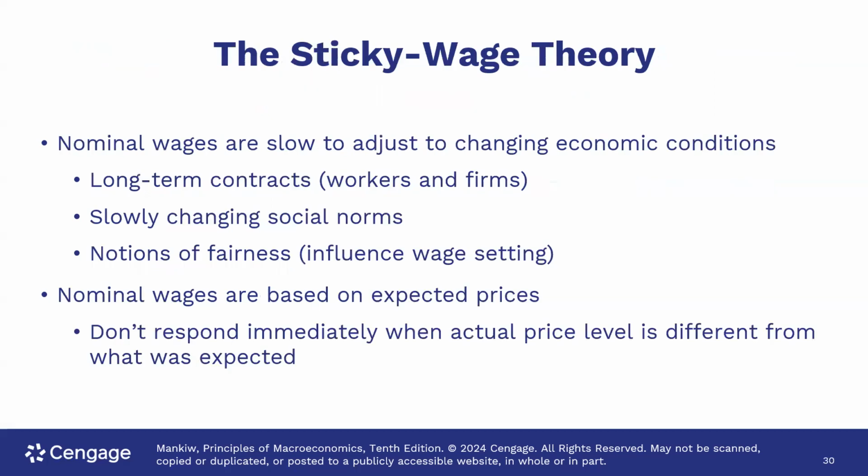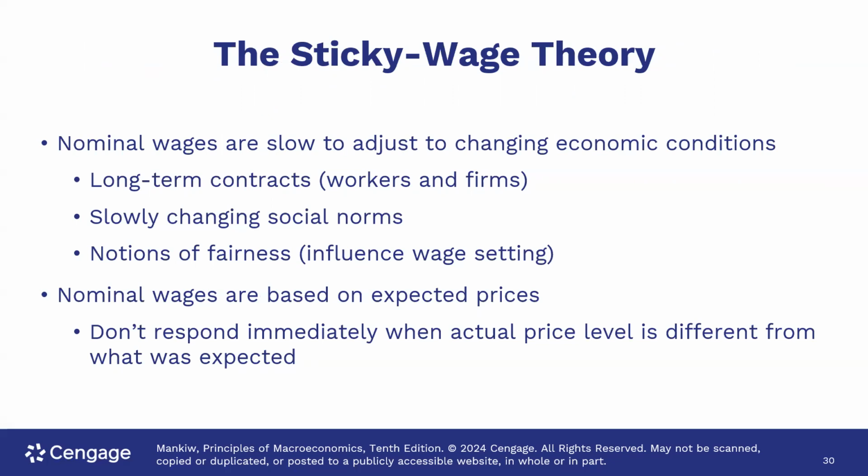Okay, so we start with the sticky wage theory. The sticky wage theory is about the cost of production. The basic idea is that the nominal wage cannot change immediately, for a lot of reasons. For example, the long-term contract between workers and firms.